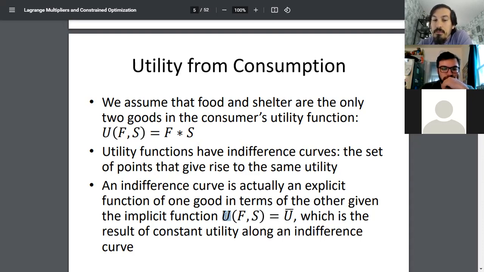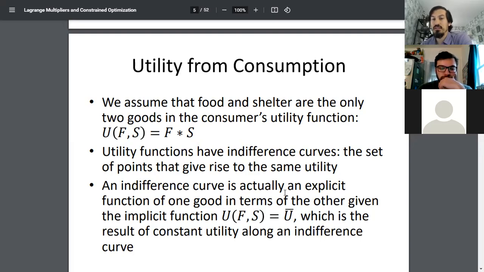It says, whatever amount of food I have, whatever amount of shelter I'm consuming, the utility that I get from that is equal to some constant number u bar. And so if f were to change and s were to change, this equation would still hold, where the utility I get from however much food and shelter I'm consuming is constant u bar.